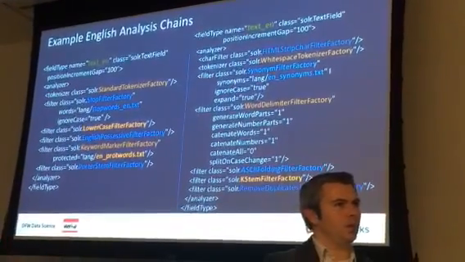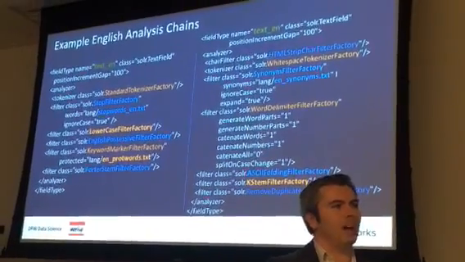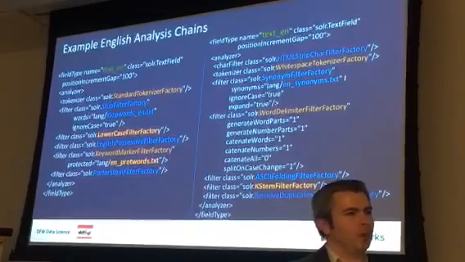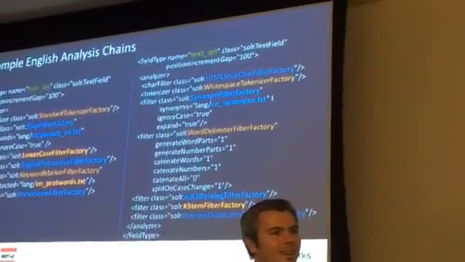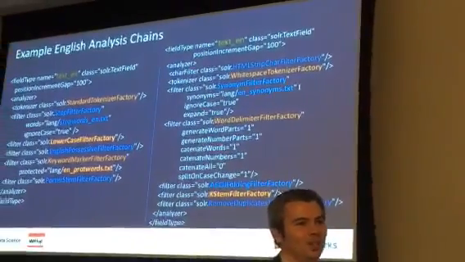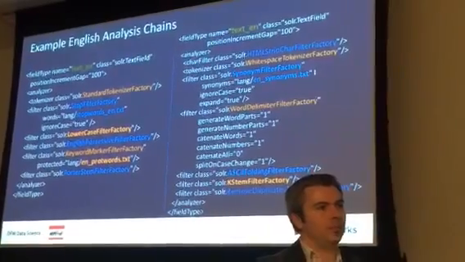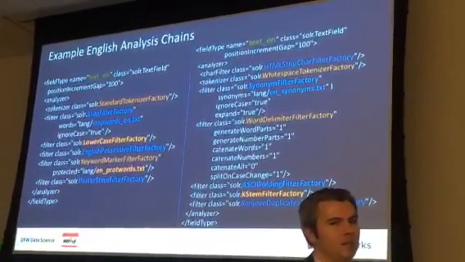I don't have the full list here, but I can look it up for you. There are lots of different filters to do all kinds of things like that. What about other languages besides English? It gets really complicated when you get into other languages, but these are all out-of-the-box filters. You don't have to create your own. All of these exist in Solr out of the box, and it's pretty powerful.